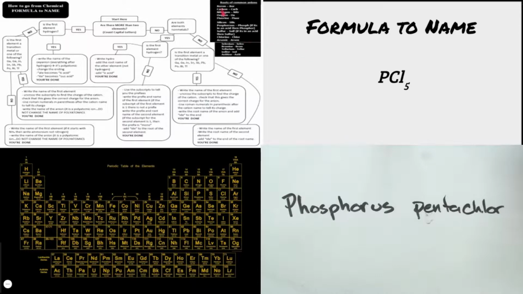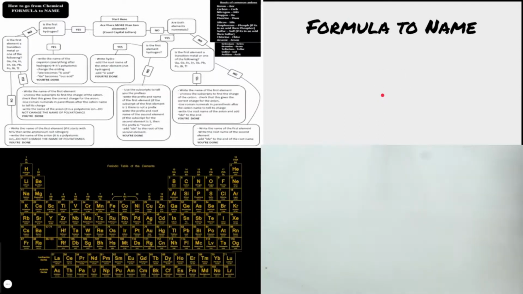All right, I find that up here. The root of chlorine is chlor, and then I add IDE. So phosphorus pentachloride is my chemical name for this one. Again, the covalent binary compounds are a whole lot easier than many of the others because, well, the formula and the name kind of go hand in hand.